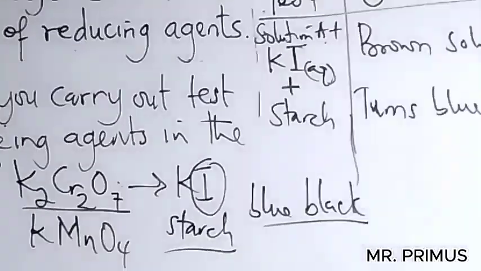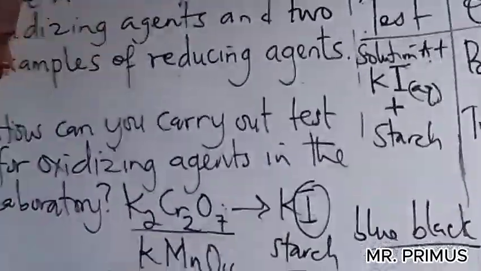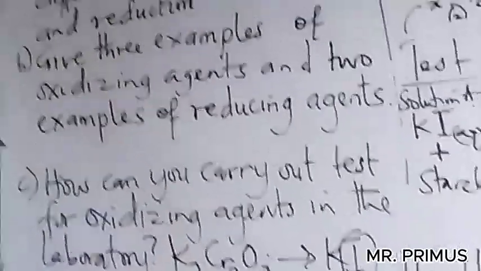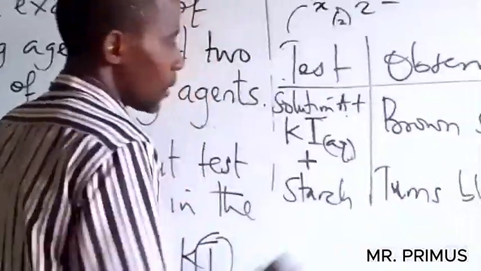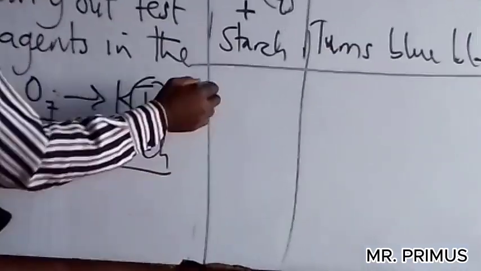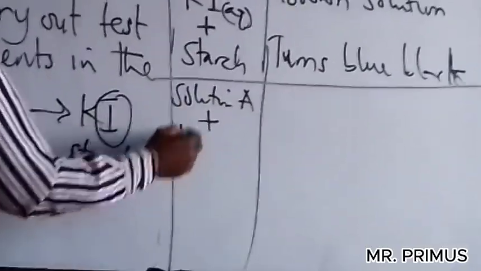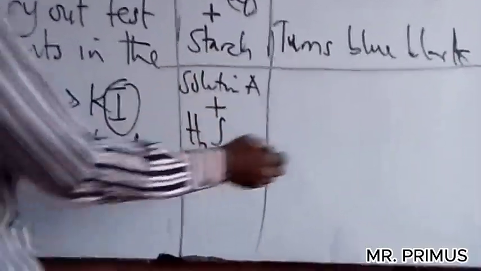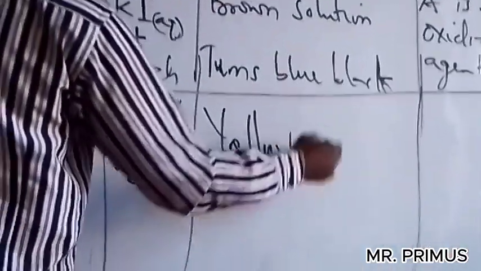So we'll look at another test. You can also use hydrogen sulfide, as I said. If you have solution A, another portion, plus hydrogen sulfide, if you bubble it through hydrogen sulfide and you get a yellow deposit, it means that there is sulfur.